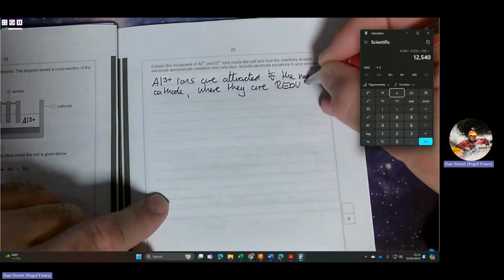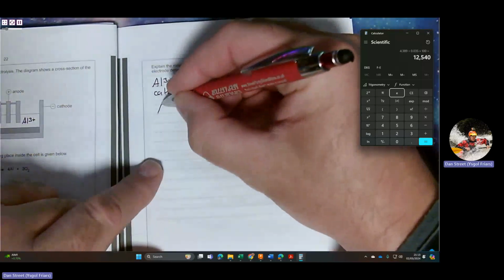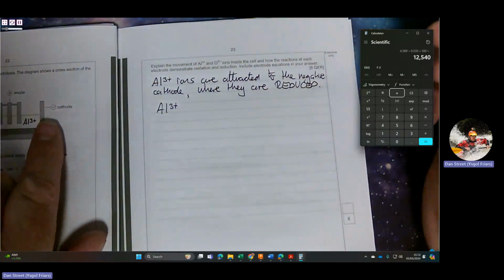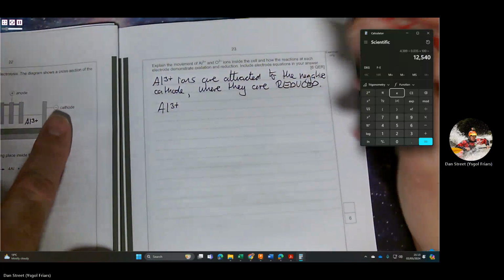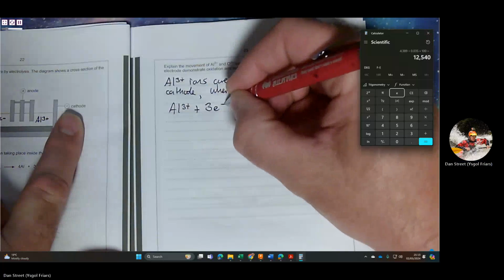Now we need to explain what that means. They're reduced because Al3+ ions, when they arrive at the negative cathode, are given 3 electrons.